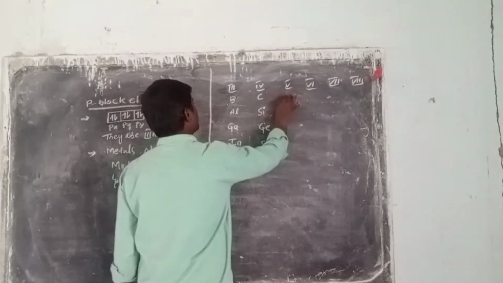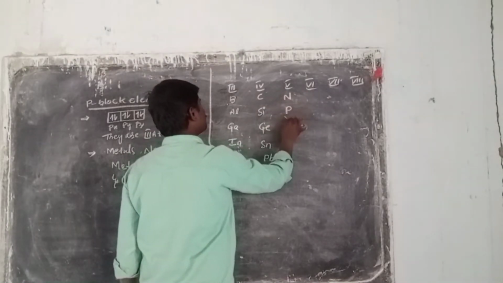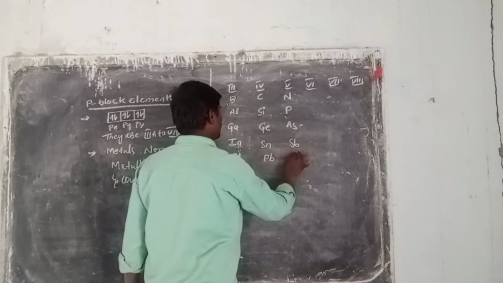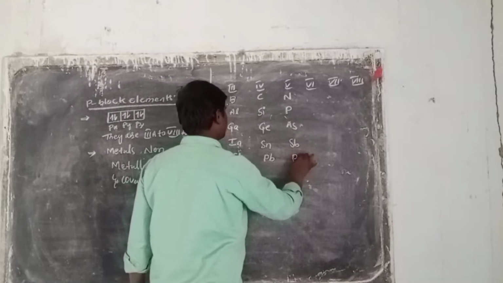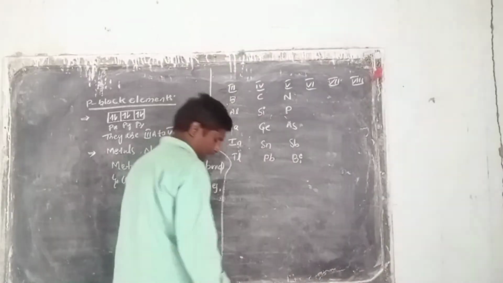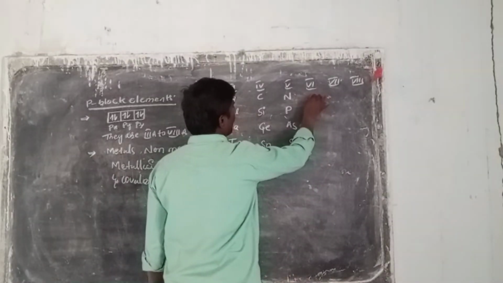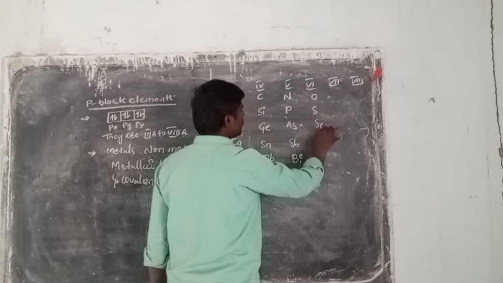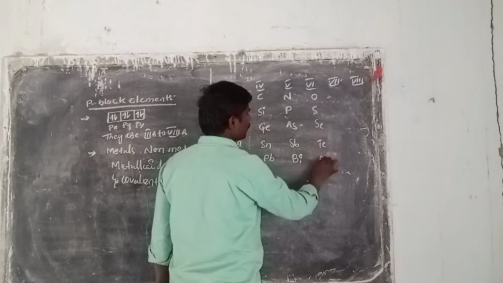Then another one: nitrogen, phosphorus, arsenic, antimony, bismuth. These elements are present in the fifth A group. Now another one: oxygen, sulfur, selenium, tellurium, polonium.